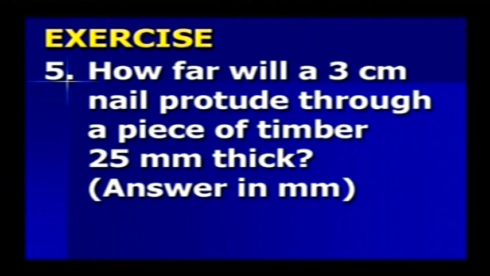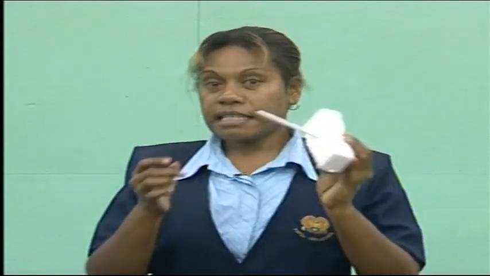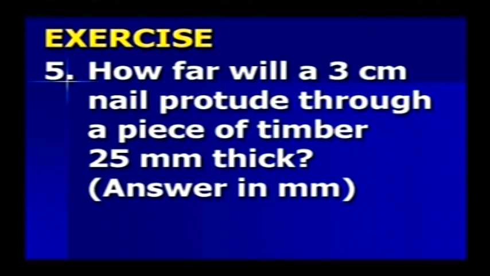I'll give you an example. Like this biro is protruding through this, meaning it is sticking out or standing out. So the question is, how far will a 3 centimeter nail protrude through a piece of timber 25 millimeters thick? Your answer should be in millimeters. That's question number 5.